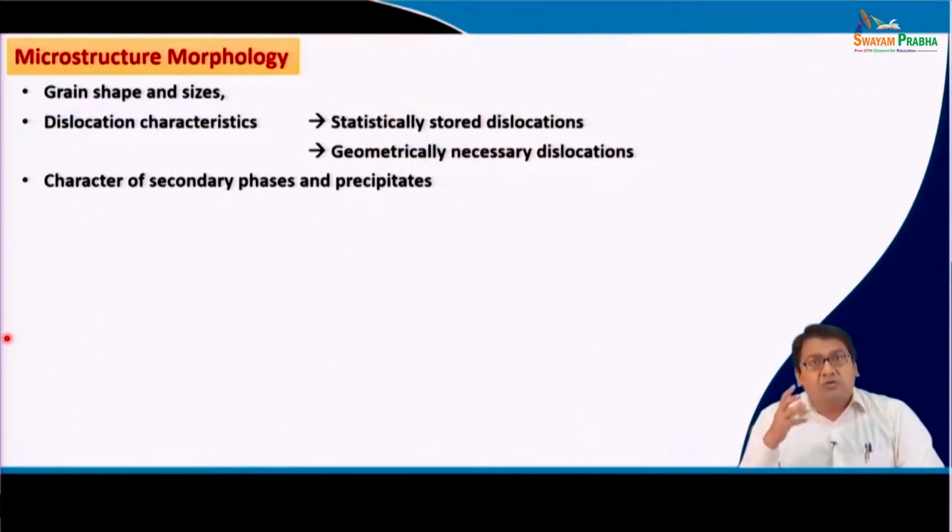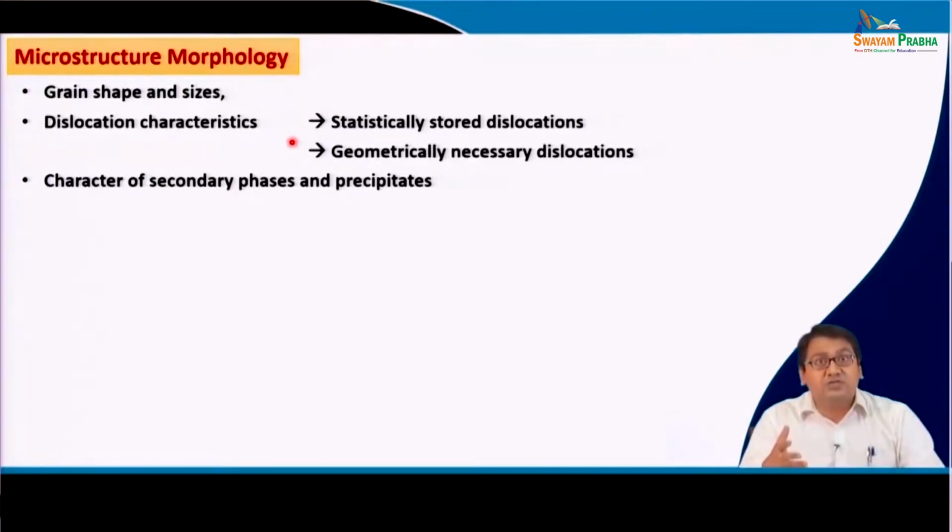So, you see, what do we understand by microstructural morphology? Microstructural morphology shows the size of the grain, the shape of the grain. It shows the dislocation characteristics, such as how the statistically stored dislocations are present, whether they are in large quantity or small quantity, what is their density.